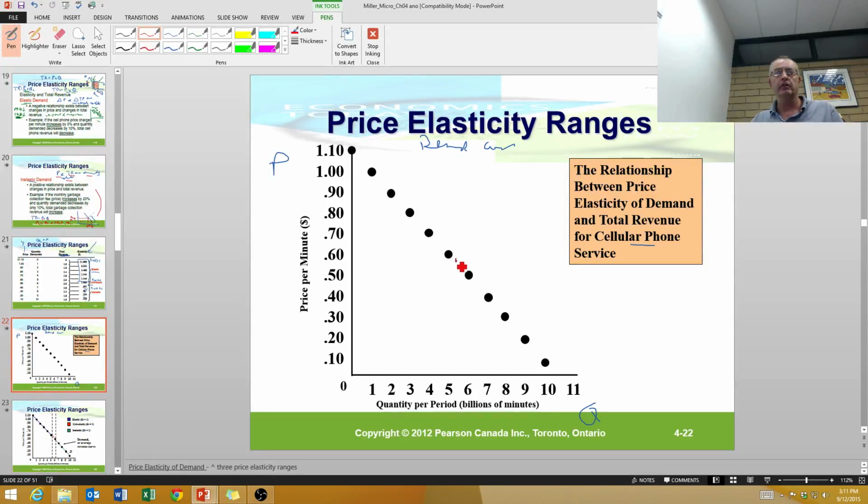Here's our point of unitary elasticity, and that's the point of maximum total revenue. And then in the top section here, this is going to be the elastic section of the curve.